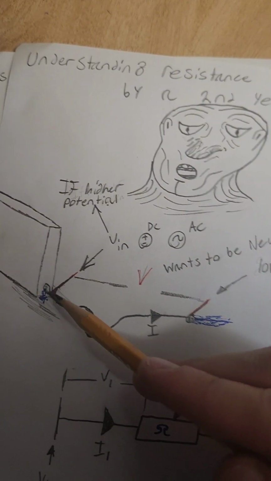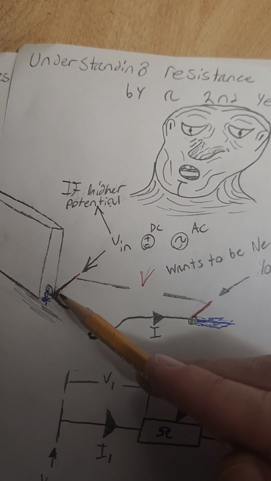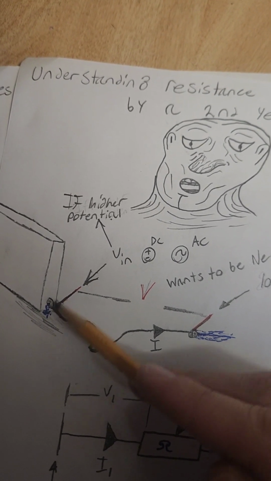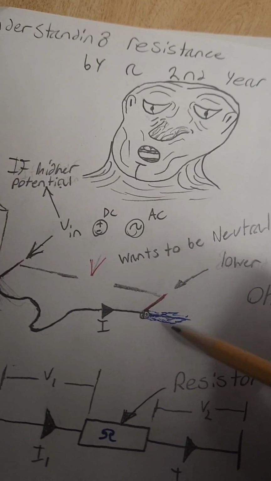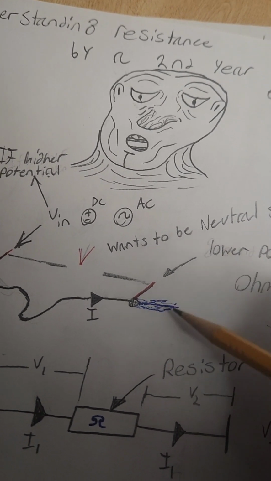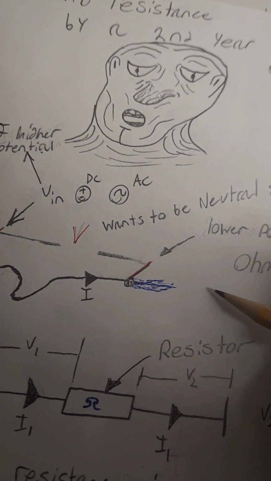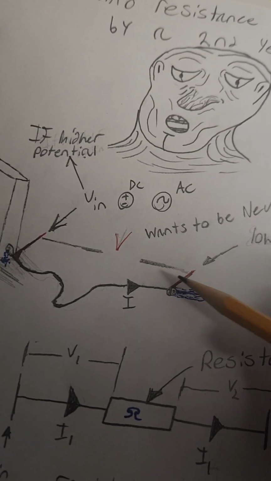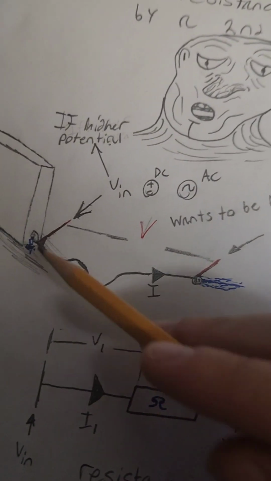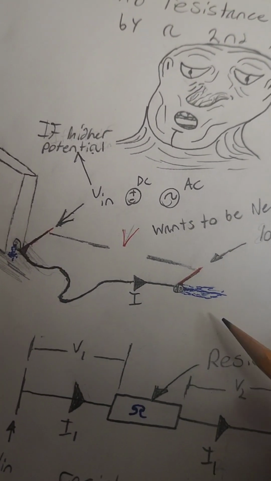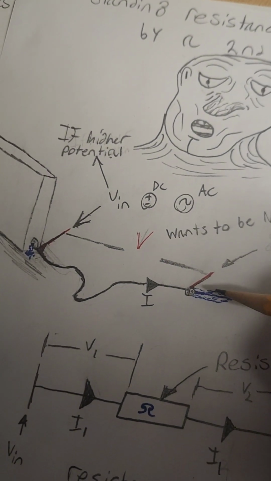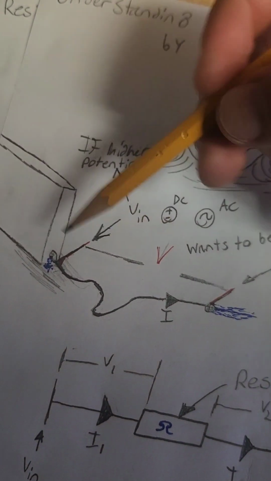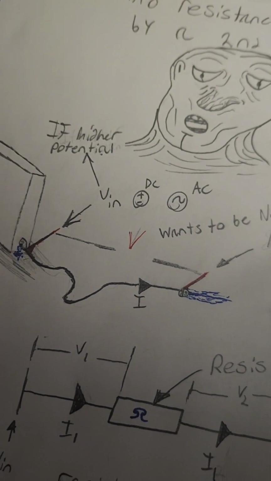We have a higher potential energy at the start of the faucet, or whatever you want to call it, and at the end we have a way lower potential energy. So there's a potential difference in energy between the start of the hose and the end of the hose, and that's why we have water flowing through it.